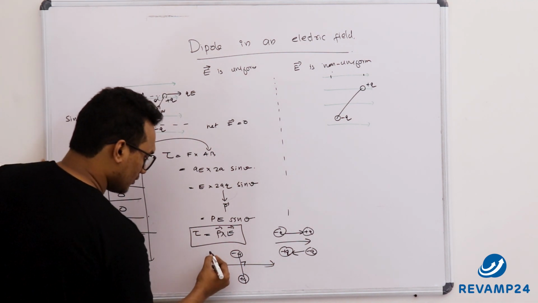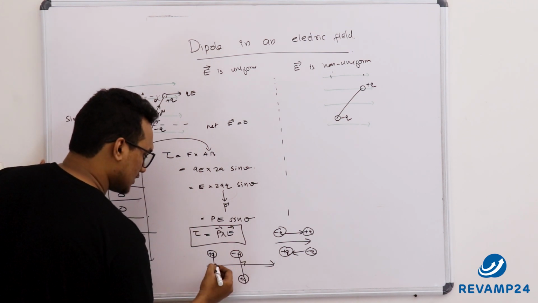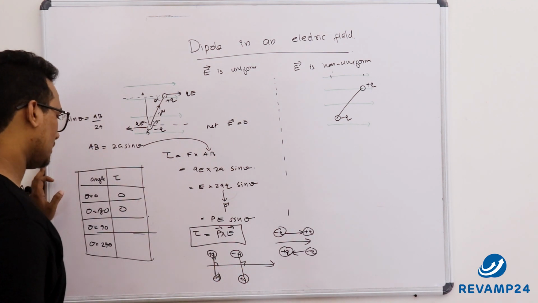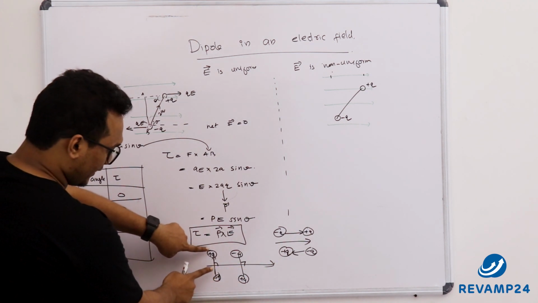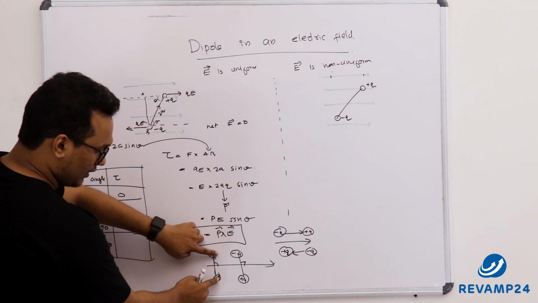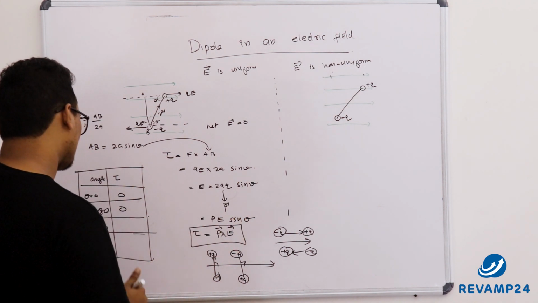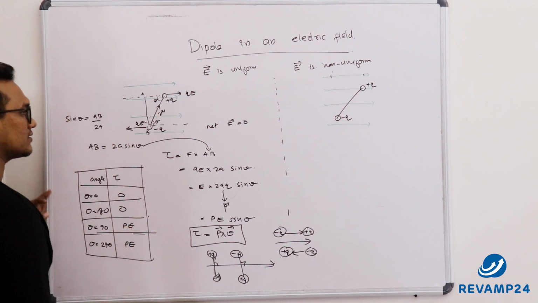Same case for 270: plus Q and minus Q, electric field in this way, dipole moment in this way. So this one is the 90 case and this one is the 270 case. In both cases, the torque will be maximum. It is very clear here, right? The perpendicular distance will be more here. As it rotates, the perpendicular distance will gradually come to 0. So this is the maximum, that is PE, and PE in this case.